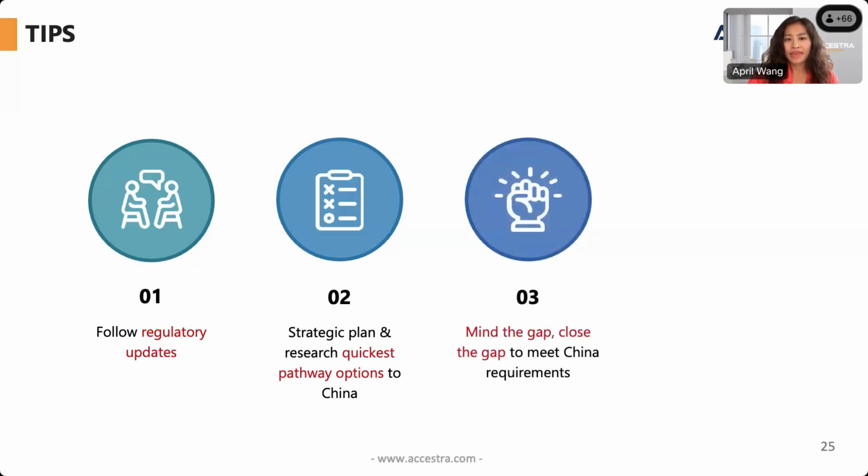Thirdly, mind the gap, close the gap. We can't emphasize enough the importance of localization according to CDE's requirements. Although China joined ICH in 2017, there are detailed differences in the technical requirements.